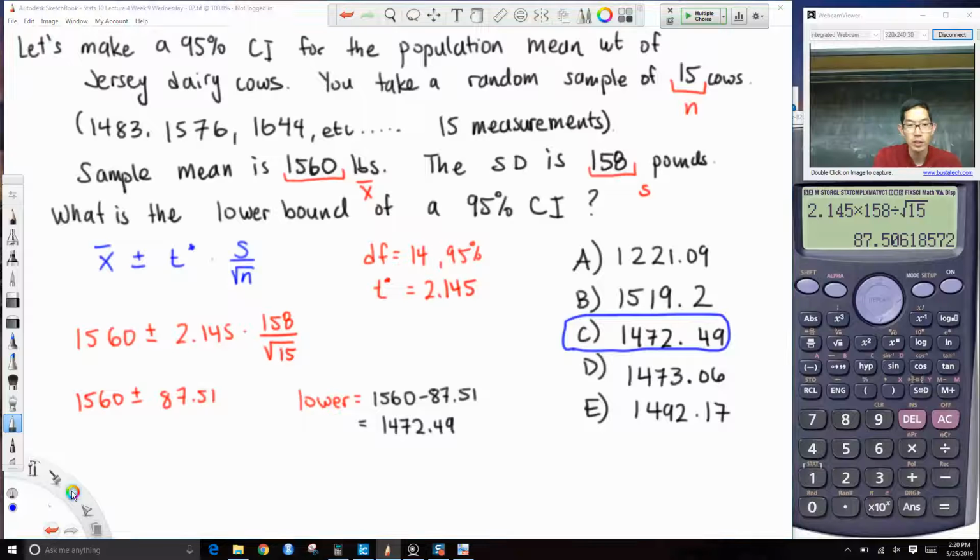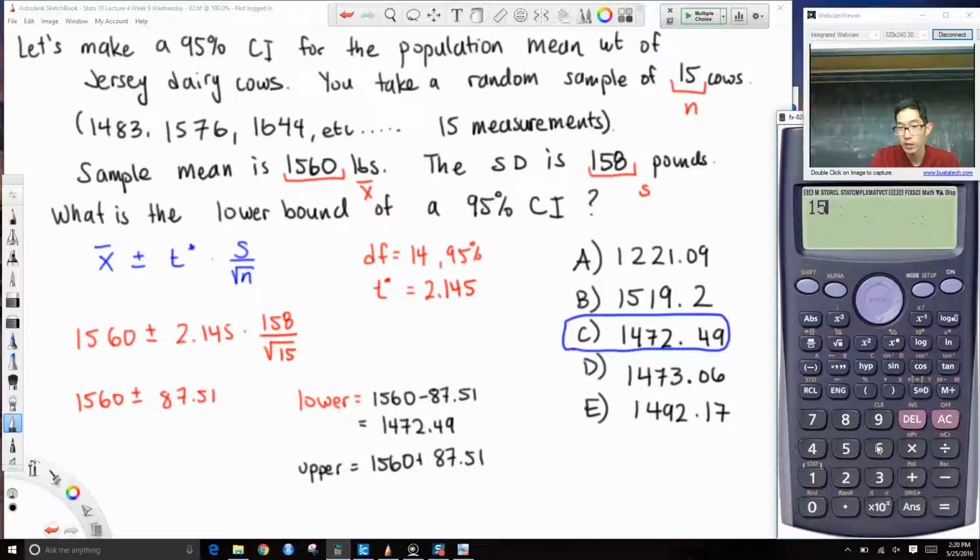On the other hand, my upper bound will be 1560 plus 87.51, and I get 1647.51.